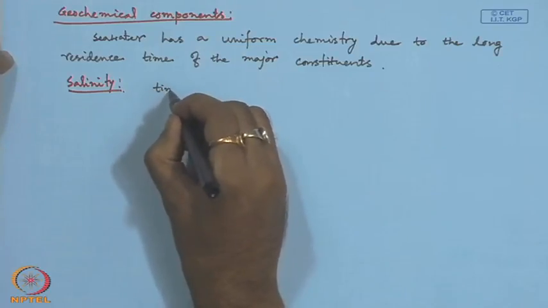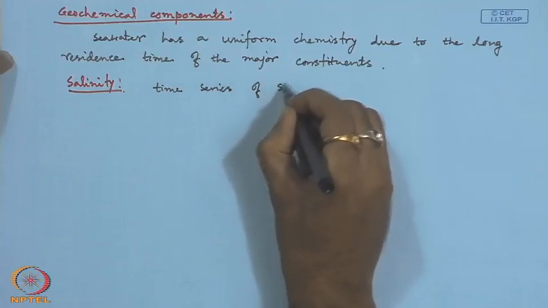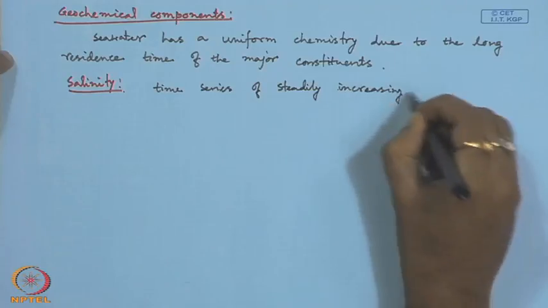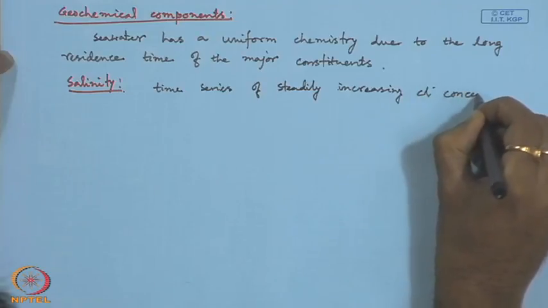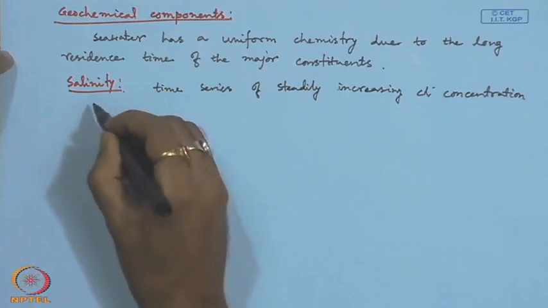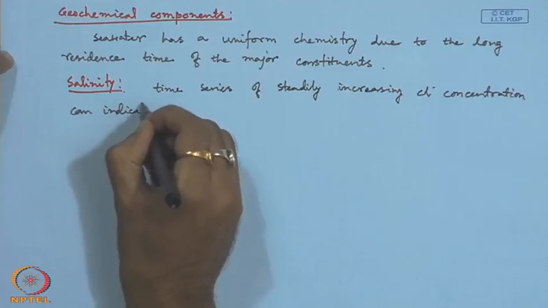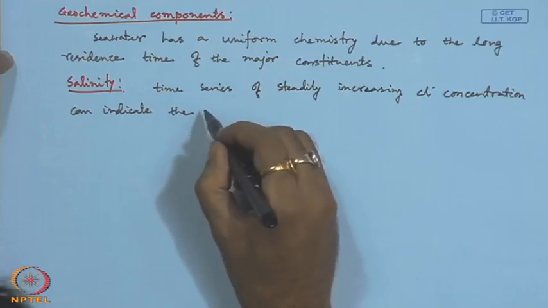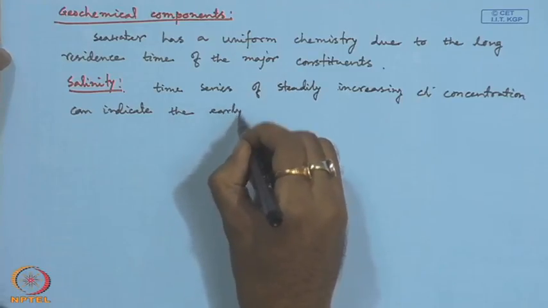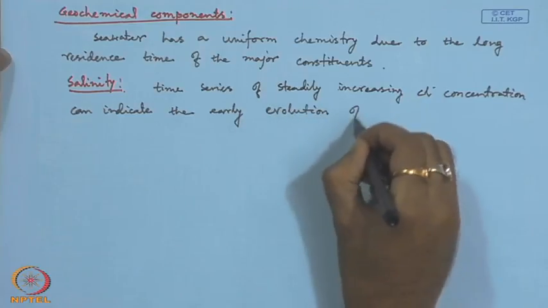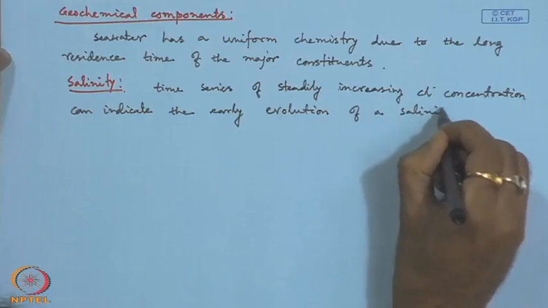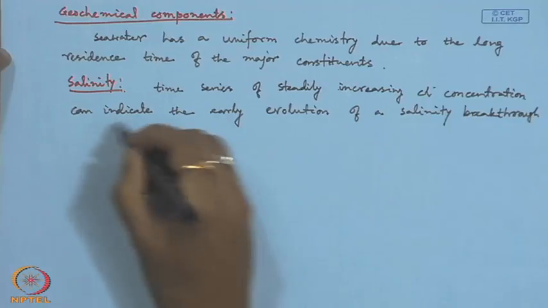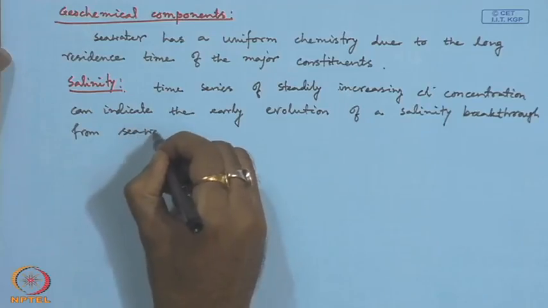So, a time series of steadily increasing chloride concentration can indicate the early evolution of salinity breakthrough from seawater.